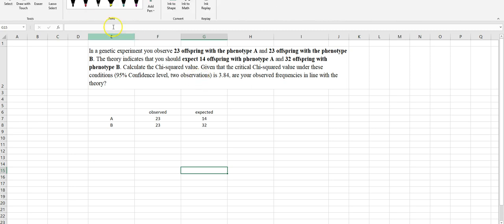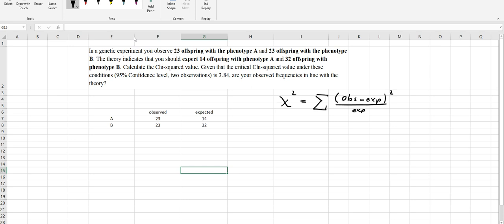Now, just as a quick revision, what does that mean? The chi-square value, often abbreviated as chi-square, equals the sum of the observed data minus the expected data, squared, divided by the expected data.